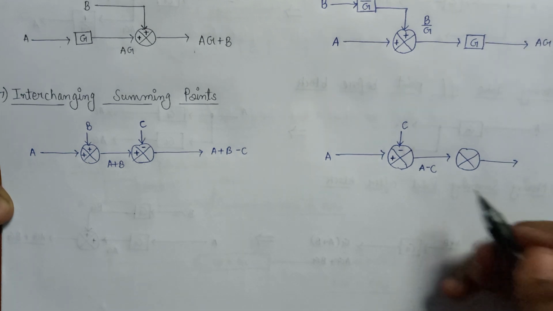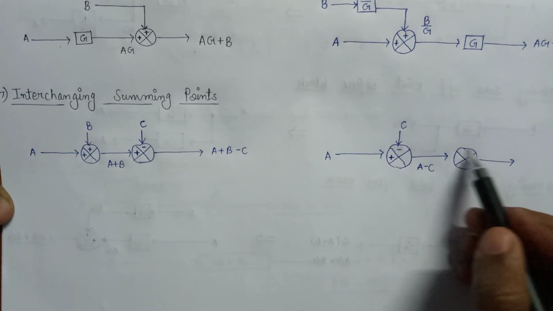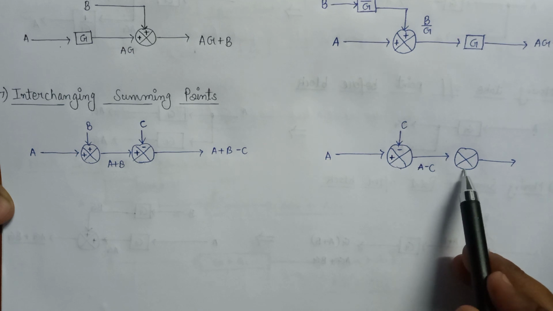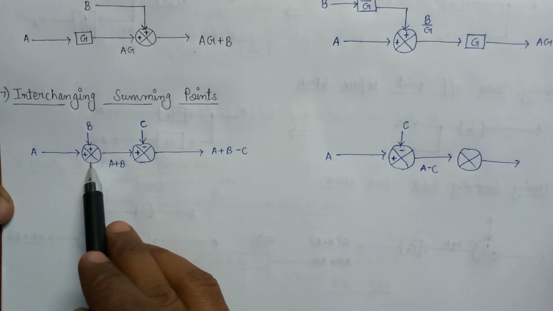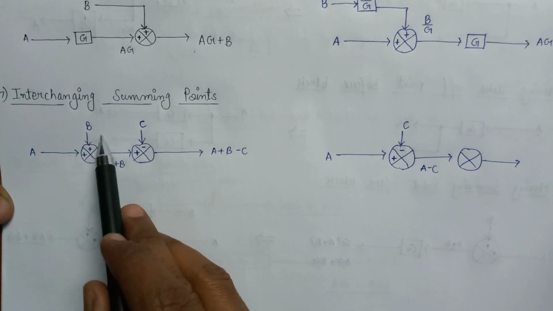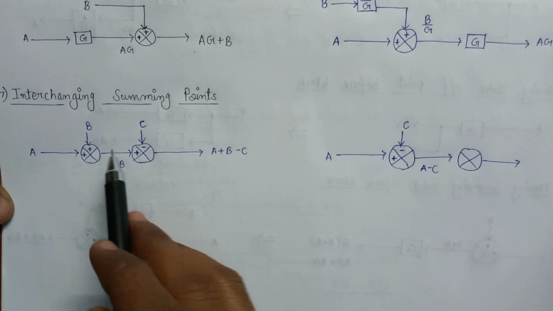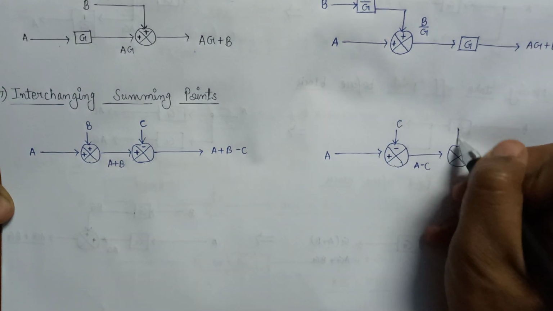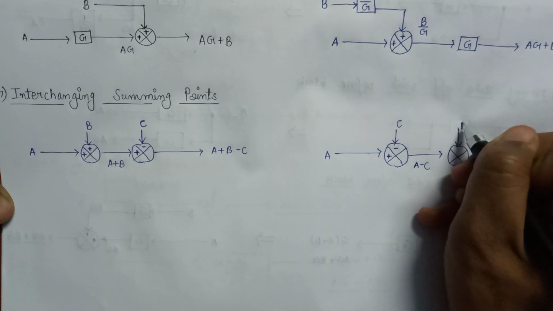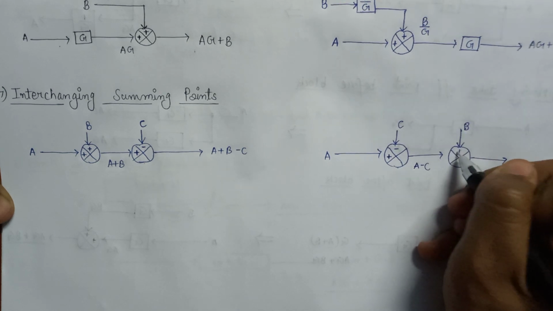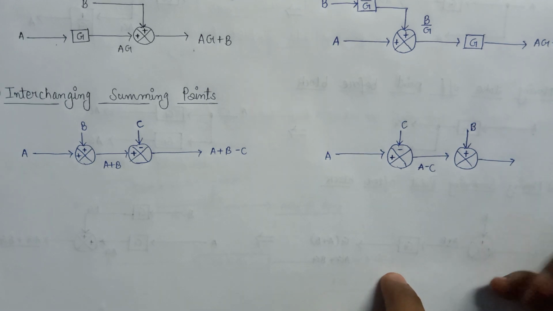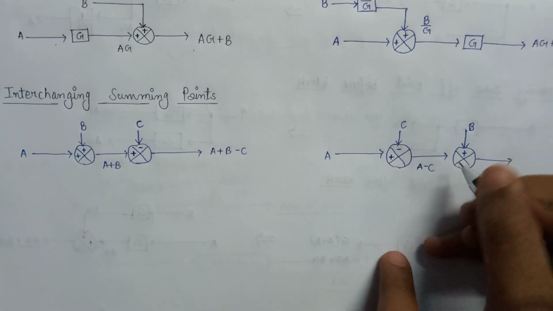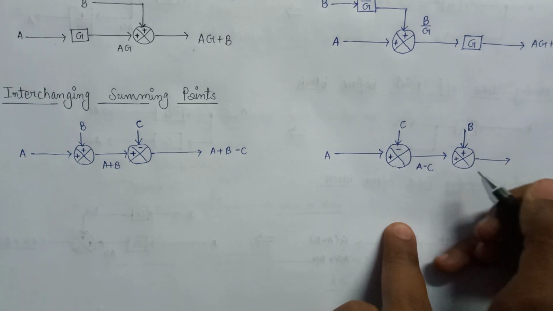Now have a look at the input of this summing point. This summing point is nothing but the first summing point of the original diagram, and another input, that is B, is applied with positive polarity. So we have to apply an input B with positive polarity. So what will be the output of this block? Here is also a positive polarity.